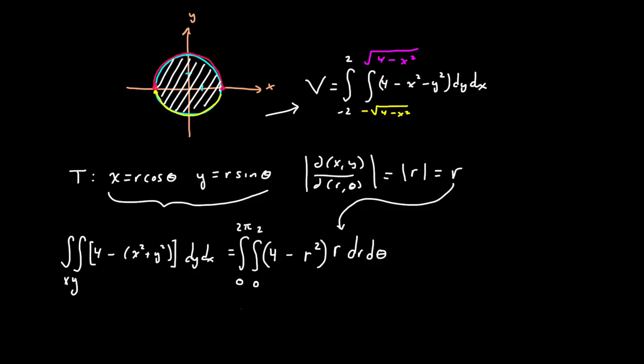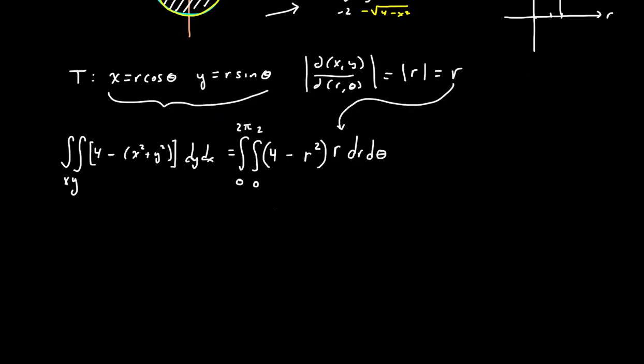Even though this doesn't look like a rectangular, the fact that the bounds are fixed, and if we put this on a new plane, let's say the r and theta plane, well then r goes from 0 to 2 and theta goes from 0 to 2 pi, and it does in fact create a rectangle, and that makes integration very easy. Please consider pressing pause and doing the integration on your own.